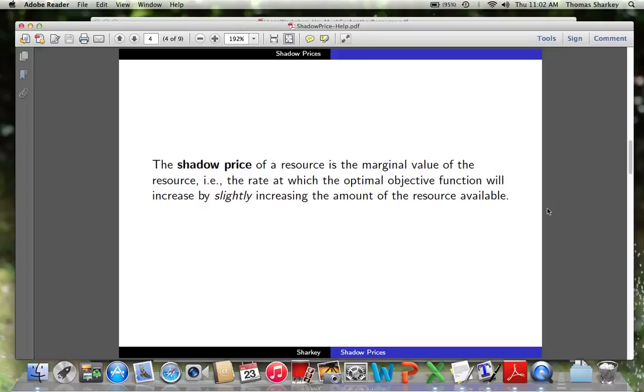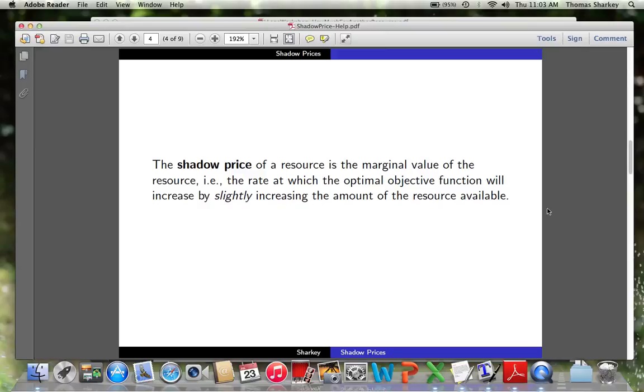Now, one thing I want to emphasize is the word "slightly," which is italicized. We're only going to slightly increase the amount of resource available. The reason is that shadow prices typically operate under the assumption that the current optimal solution, the current basic feasible solution that's optimal, remains optimal.